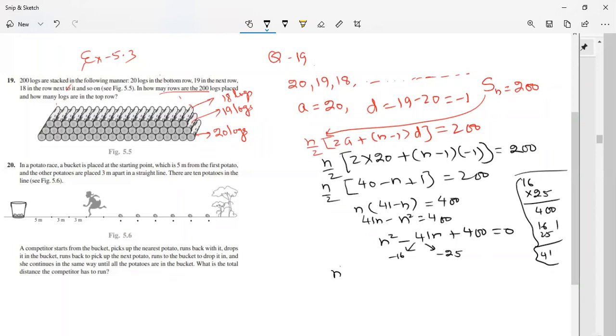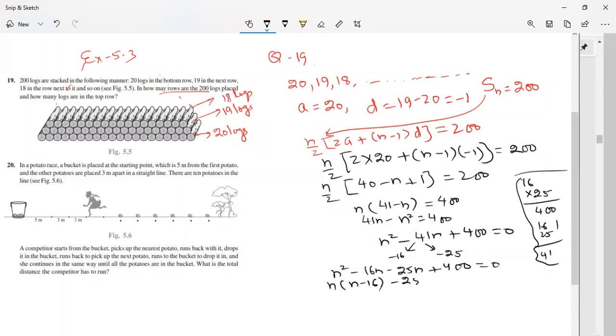So we can write n square minus 16n minus 25n plus 400 is equal to 0, and n is common. So n minus 16 is left inside the bracket.